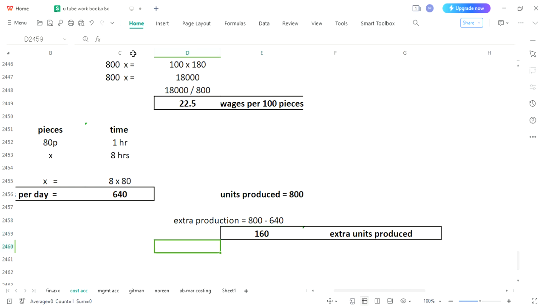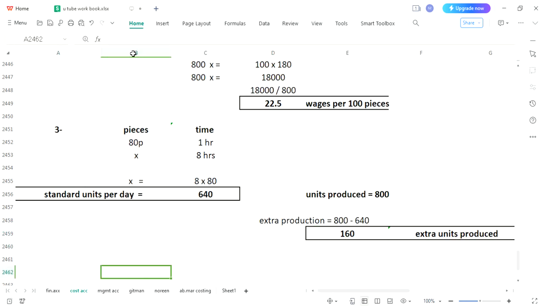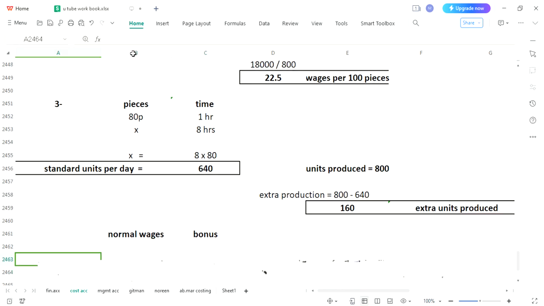Okay, and now there are two ways to calculate wages. First we will see normal wages, and then we will see the bonus amount for the worker. For normal wages, we will follow the simple principle.